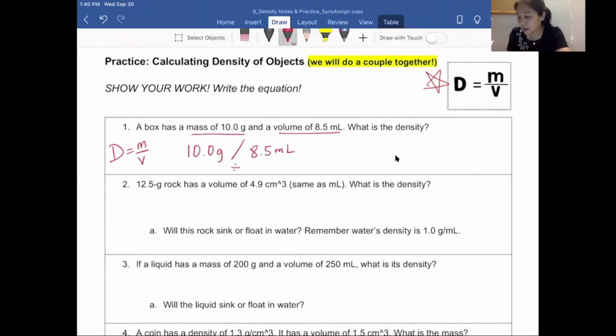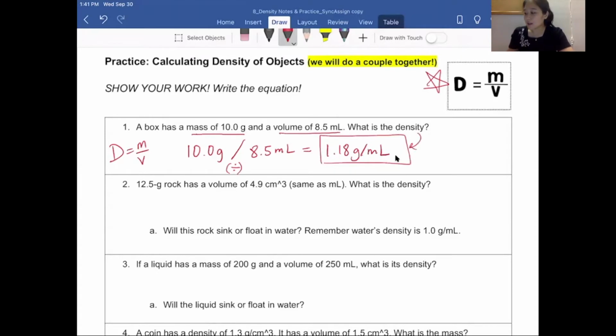Please note that this means division, right? So I'm gonna plug it into my calculator. I've been using my phone as my calculator. If you have a calculator at home, please use it, but if you have to use your phone, that's fine. And I got 1.18 grams per milliliter for the density of this box.